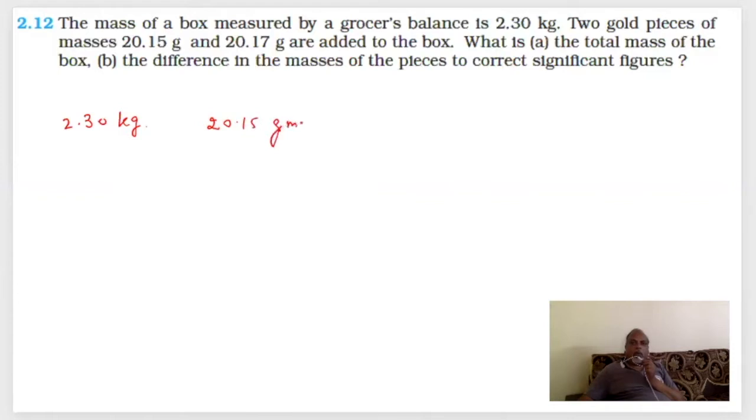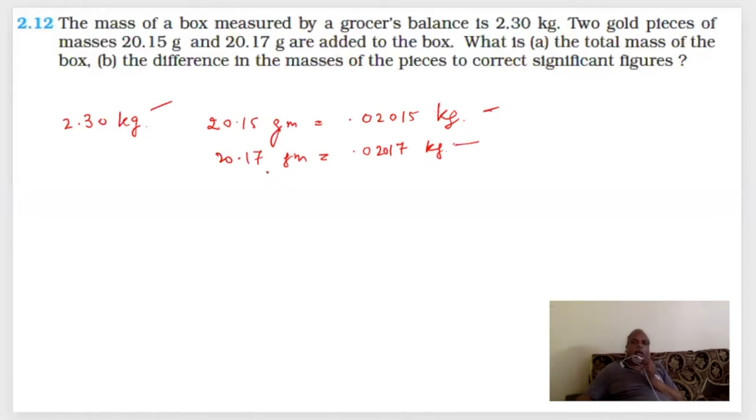So convert these into correct units. It will be 0.02015 kg, correct? Now all your units are in kg.